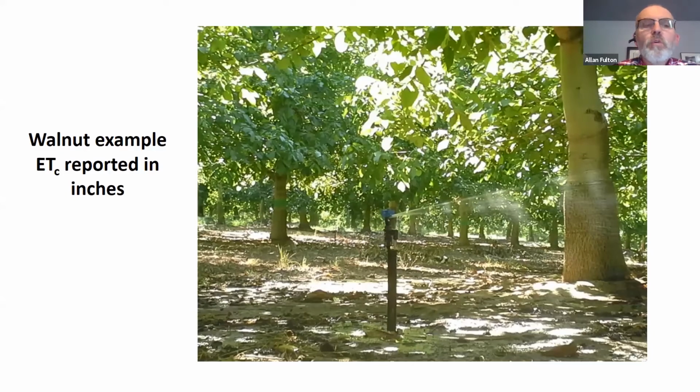So for this tutorial, we're going to work through a couple of examples using the weekly crop ET reports and information about specific irrigation systems. We're going to start with a walnut example, and we're going to use the ET reports, the information as reported in inches per week.